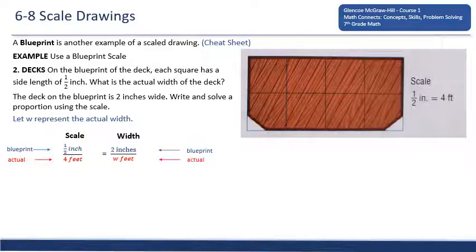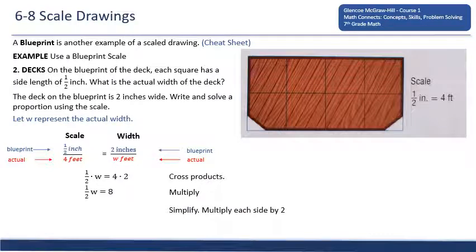Actual, 1/2 inch is 4 feet, and for the actual, we need to figure out how many feet 2 inches on the blueprint are. So we're going to use cross products. 1/2 times W equals 4 times 2. We get 1/2 W equals 8. And we know that 1/2 times W is multiplication, so we need to undo that.